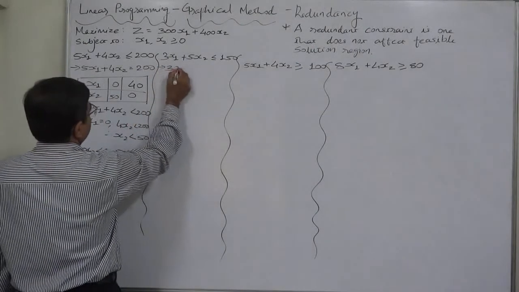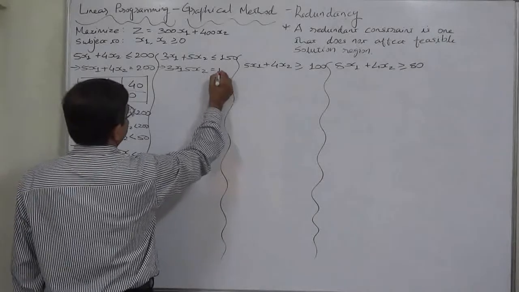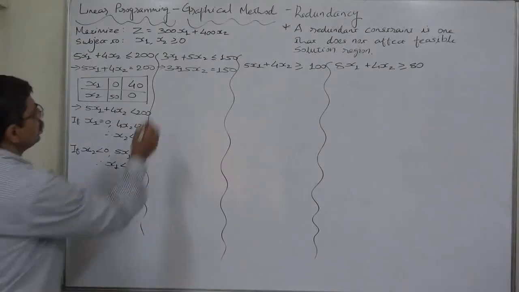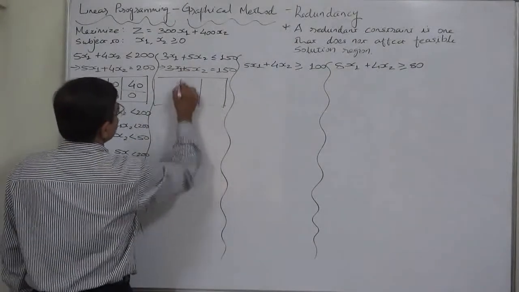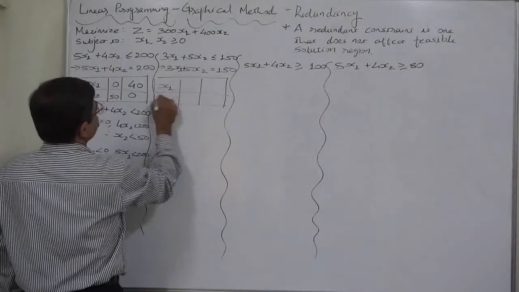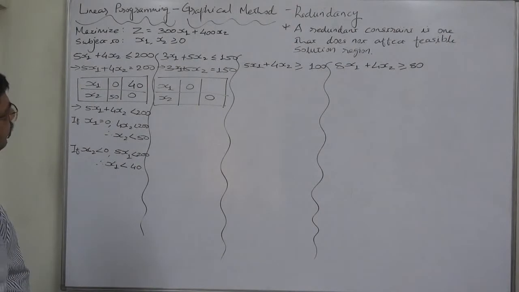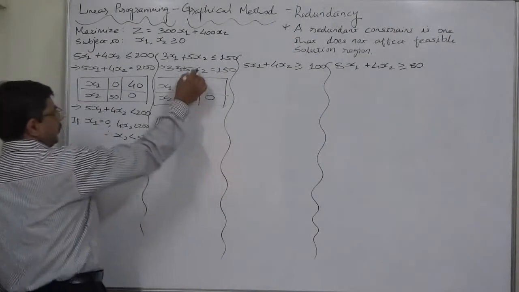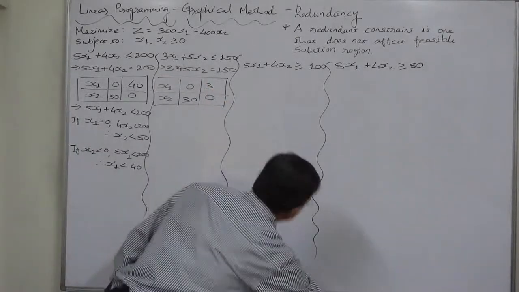Second constraint, 3x1 plus 5x2 less than or equal to 150, and the equation will be 3x1 plus 5x2 equals 150, and that will give us the two necessary points to draw the straight line. If x1 is 0, then 5x2 equals 150, so x2 is 30. If x2 is 0, 3x1 equals 150, so x1 will be 50.